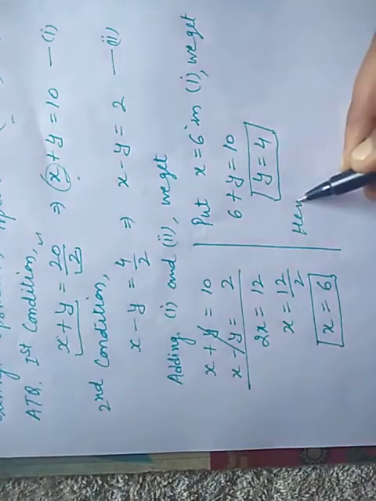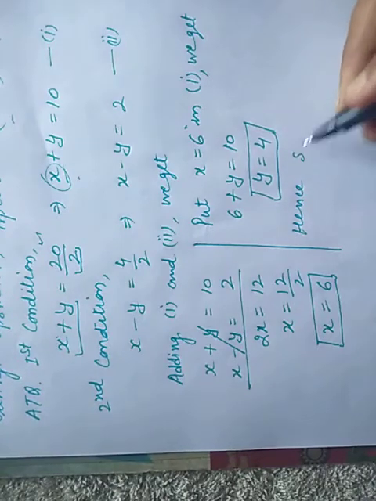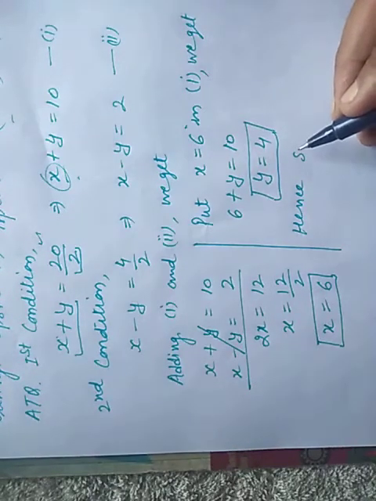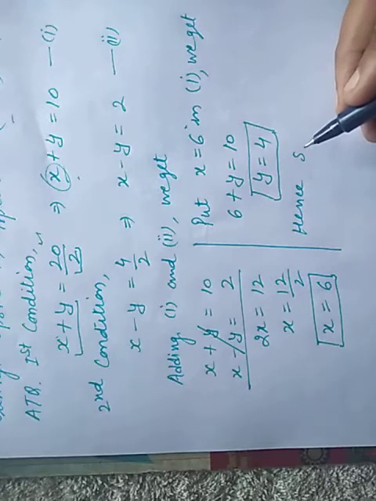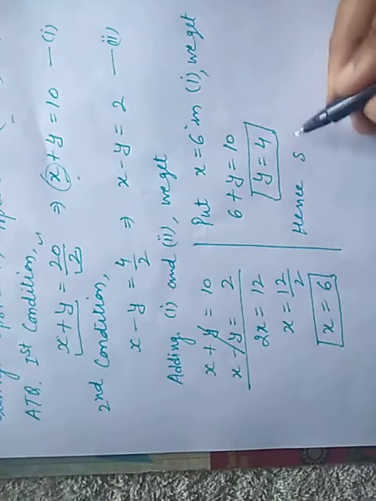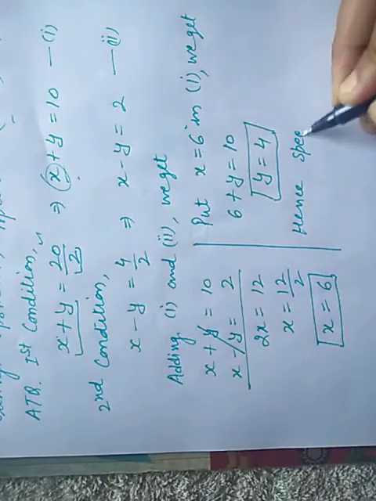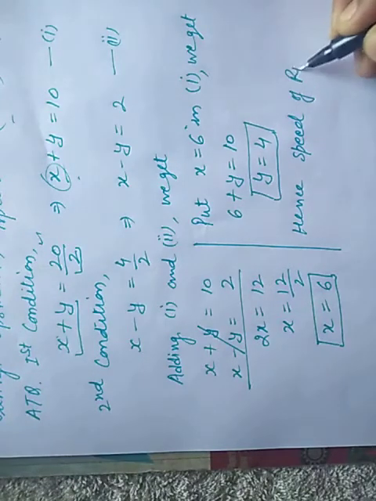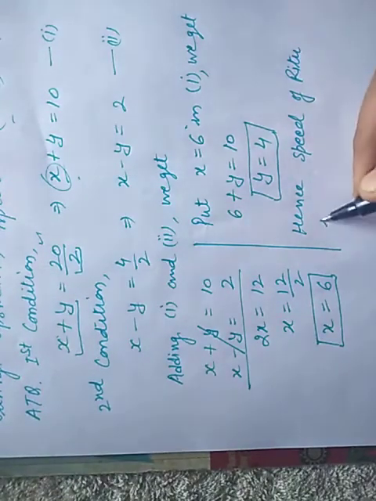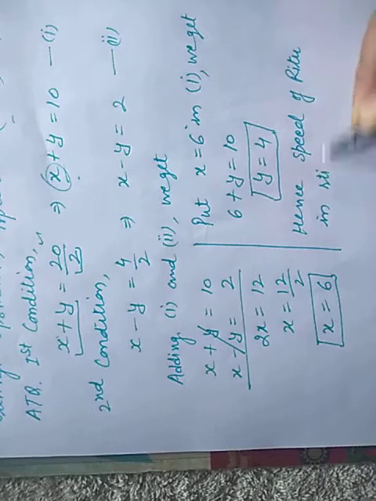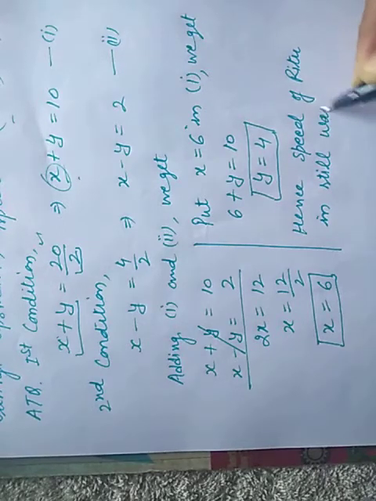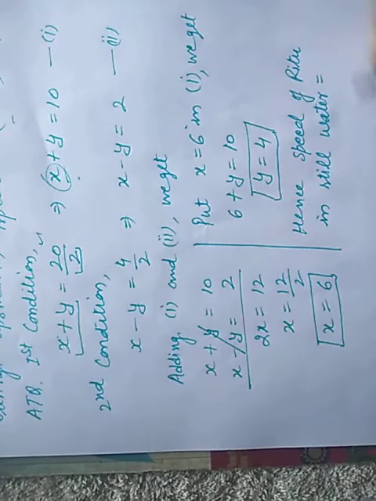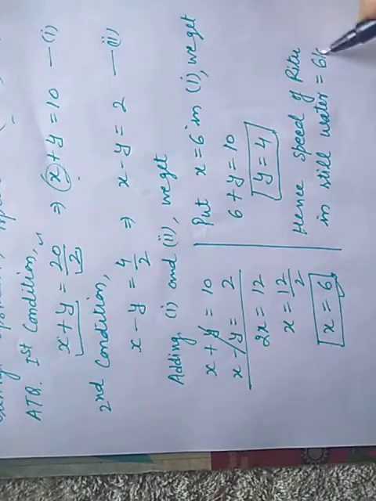Hence we can write Ritu's speed in still water is equal to x, so it is 6 km per hour.